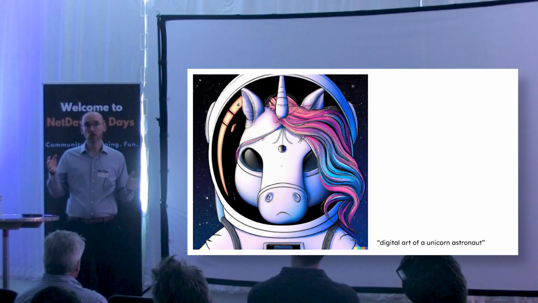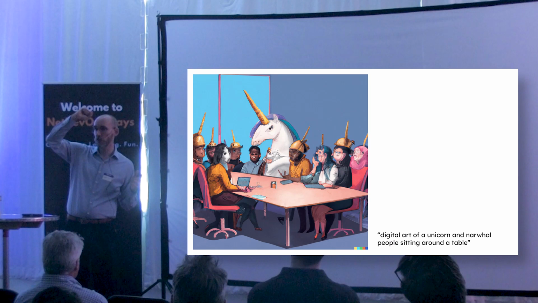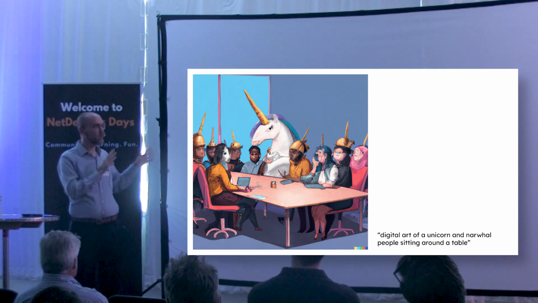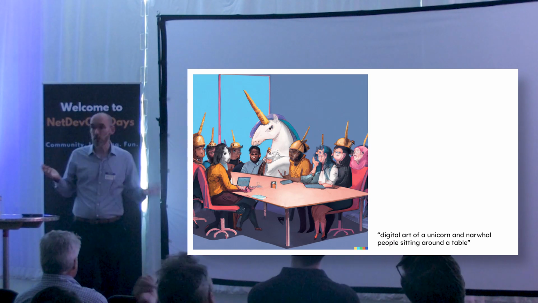The next slide was the unicorn at a conference table, with a bunch of people with plungers on their head to look like narwhals, which you can't find except when a computer generates it for you. And that is probably what your team actually looks like, right?